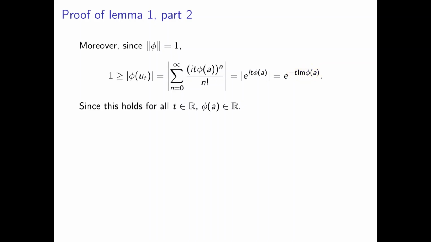Now here comes the trick, and why we actually made this family u_t for all t here. That this inequality holds for every real number t. Therefore, the imaginary part of phi of a must be 0, because otherwise this expression could be greater than 1, since e to the power of a positive number is of course greater than 1.